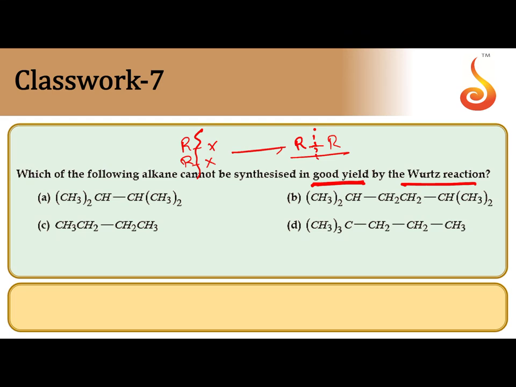Unsymmetrical alkane and alkane with an odd number of carbons can also be prepared, but a mixture of three alkanes is obtained, which is not in good yield. So among these four, which is unsymmetrical? A has symmetry, B also has symmetry, C also has symmetry, but D, if you check, does not have symmetry. That's why D cannot be prepared in good yield by Wurtz reaction.